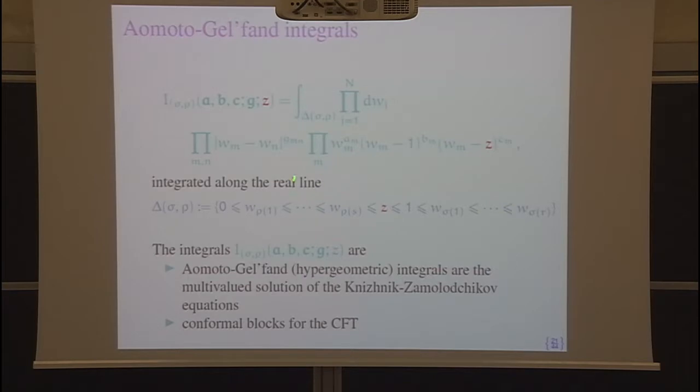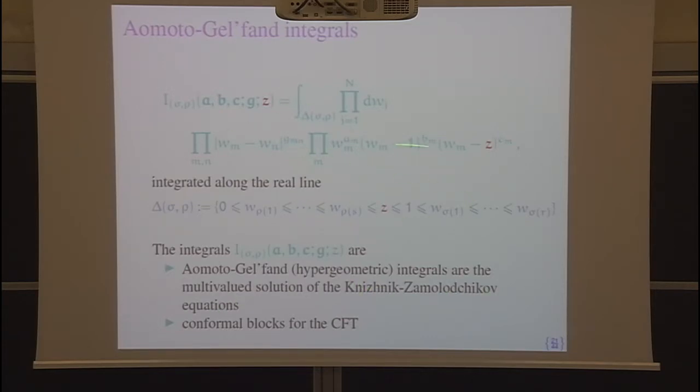So this object that I've introduced here is actually a so-called Aomoto-Gelfand hypergeometric integral, but because they are these open string conformal blocks, they are solutions to the Knizhnik-Zamolodchikov equation.